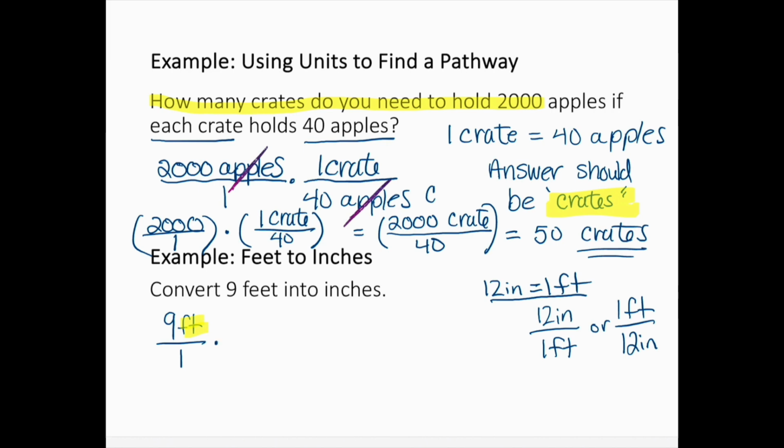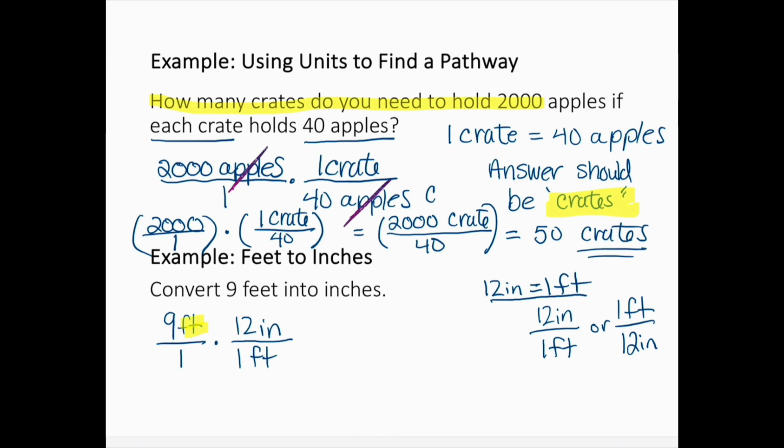We want to get rid of feet and we want to be left with inches. Inches should be in our answer. Because I want to cancel that feet on the top in the numerator, I want to make sure that I have feet in the denominator, so I have it on opposite sides of the fraction line and I can cancel it out or divide it out. So I'm going to put 1 foot is equal to 12 inches.